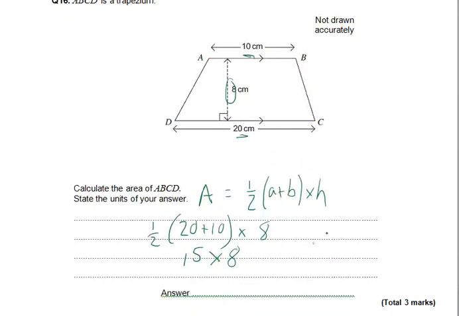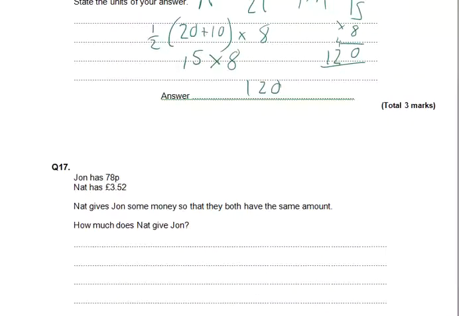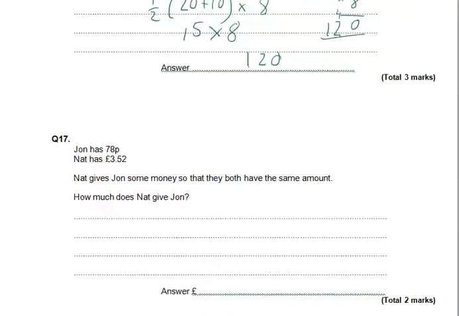Now, timesing by 8, we can either do a written multiplication or it's doubling, doubling again, doubling again. Okay, so 8 fives are 40, carry 4, 8 ones 8, 9, 10, 11, 12. So we get 120 as our answer. And again, you could say 15 doubled is 30, 30 doubled is 60, 60 doubled is 120, and that's the same as timesing by 8.